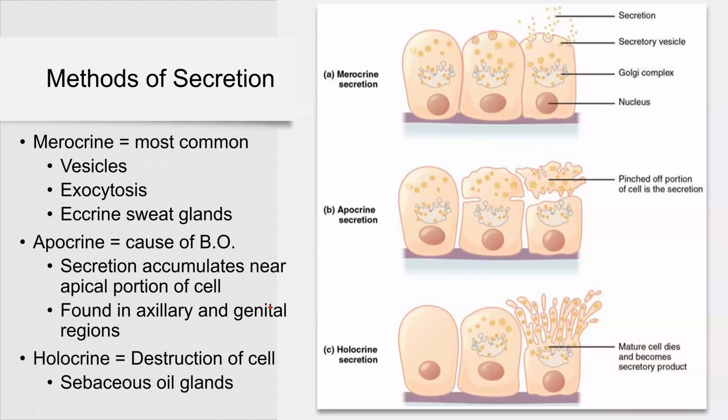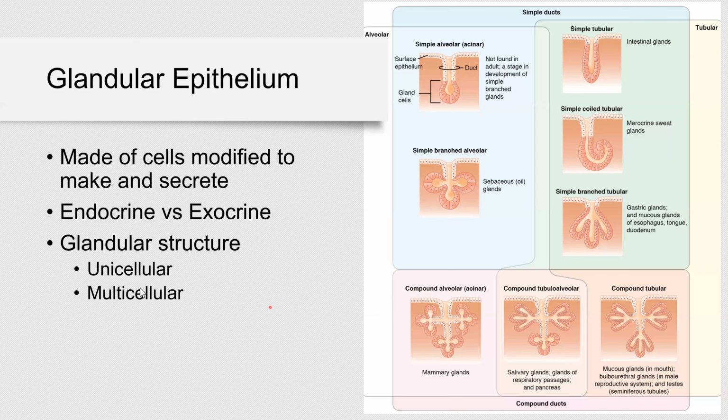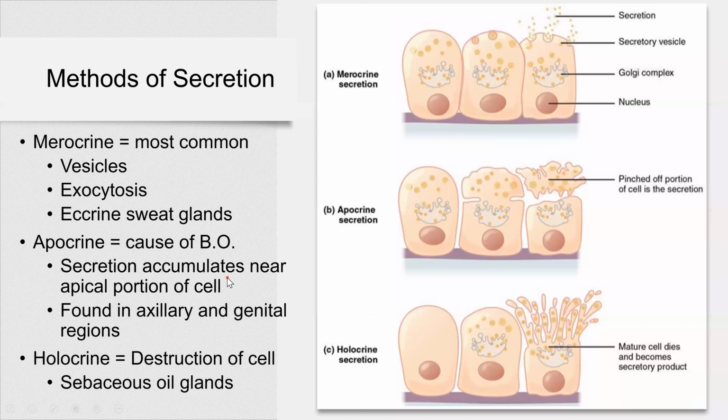Now, method of secretion. So we talk about endocrine versus exocrine, right? Now, your exocrine glands can secrete through merocrine secretion, apocrine, or holocrine. Now, merocrine is the most common, shown here on the top.